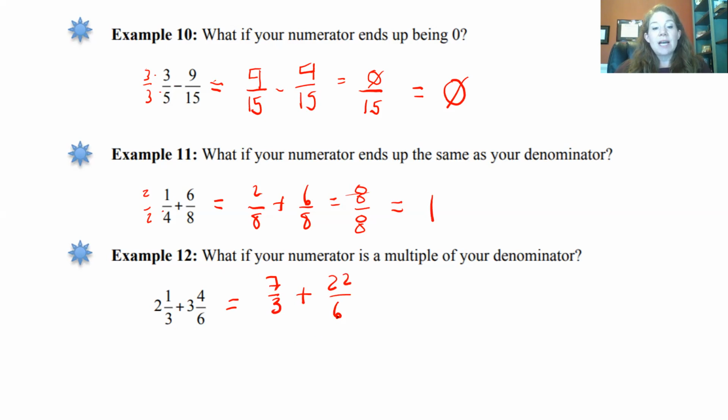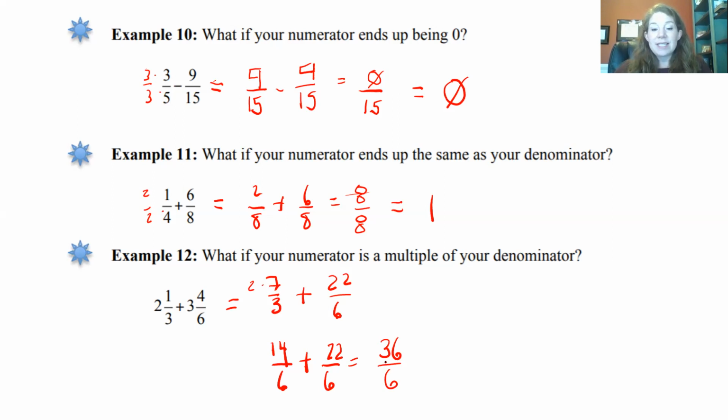Well, our denominator, 3 will go into 6, so we're going to use 6 as our denominator. This one won't change. Well, 3 times 2 is 6, so 7 times 2 is 14. And when we add our numerators, we get 36 over 6.